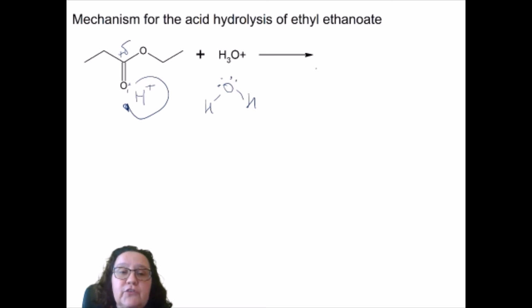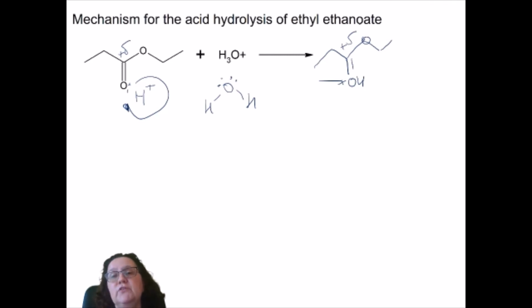So this is the first step, the protonation of the oxygen of the carbonyl group, and then I have a better partial positive charge on that carbon. So now a molecule of water can act as a nucleophile much more easily.